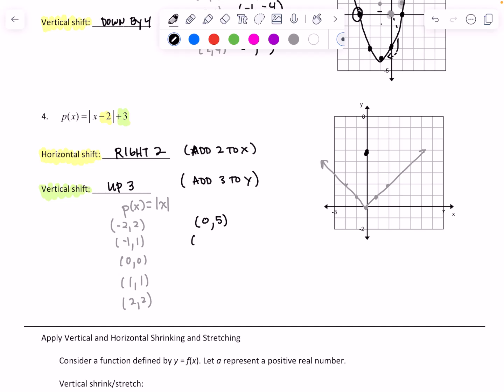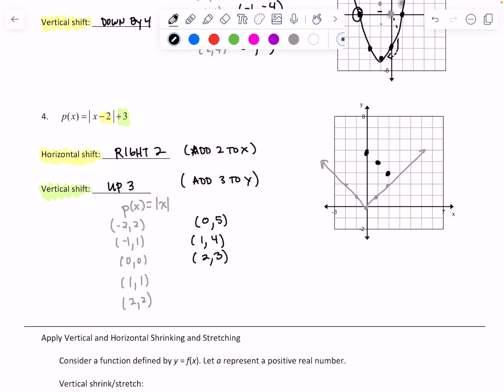Then add 2 to x, that gives me a 1. Add 3 to 1, I get 4. And now I have the point 1, 4 right here. We can maybe see the beginnings of that V shape taking place. 0, 0, add 2 to x, we get to 2. Add 3 to y, 2, 3, right here.